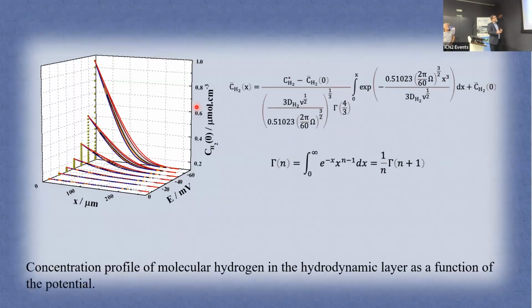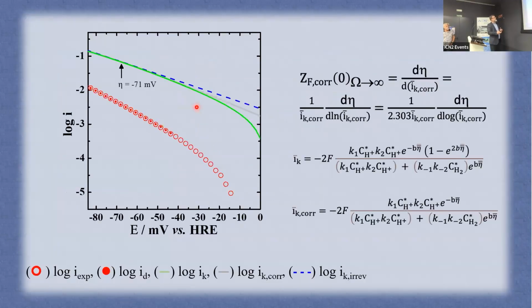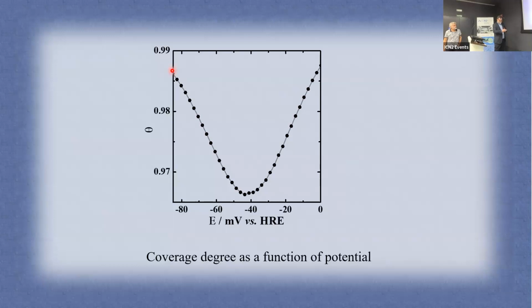The slope is 49 millivolts per decade, and this is typical for the Volmer-Heyrovsky mechanism limited by the Heyrovsky step. But for the high overpotential, the surface coverage tends to 1.